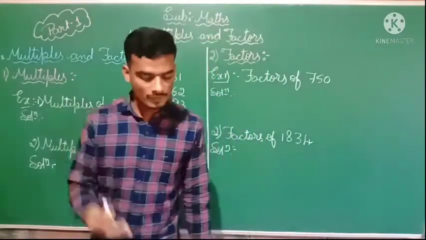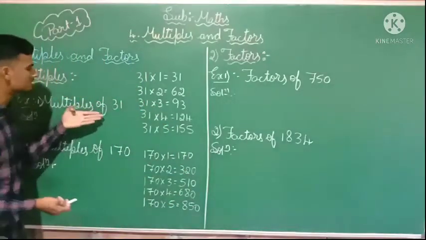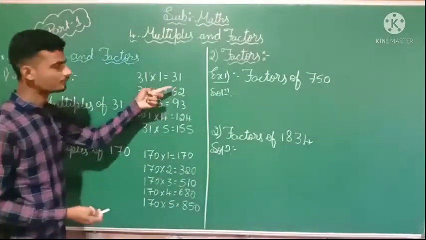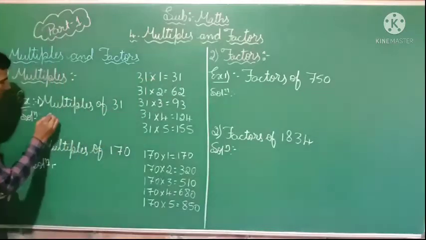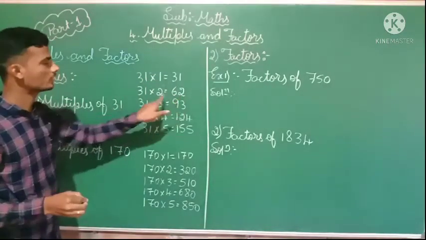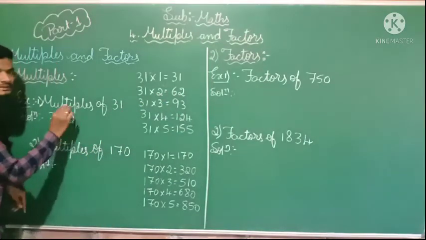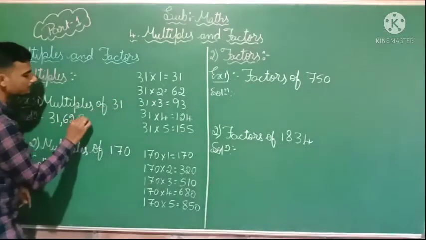If they ask such a question, how do you write multiples of 31? 31 ones are 31. Now I will write here 31, comma, 62, 31 twos are 62. Now 31 threes are how much? 93.